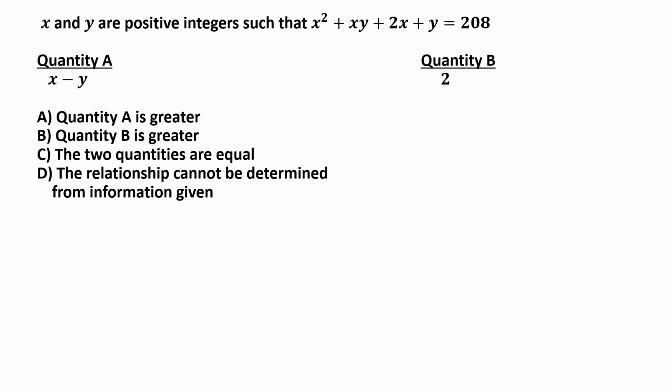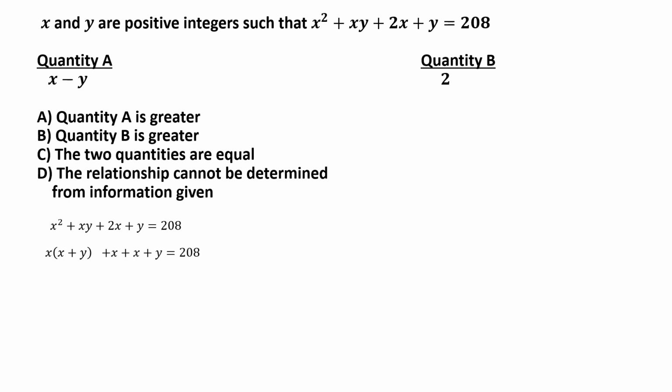So we start with the equation x squared plus xy plus 2x plus y equal to 208, and then we note some patterns in this one. For example, if we take x common from the first two terms on the left hand side, we get x multiplied by x plus y within parentheses. And then the remaining terms 2x plus y, I can break 2x as simply x plus x, and we basically end up with this.